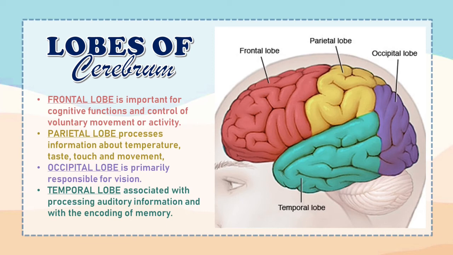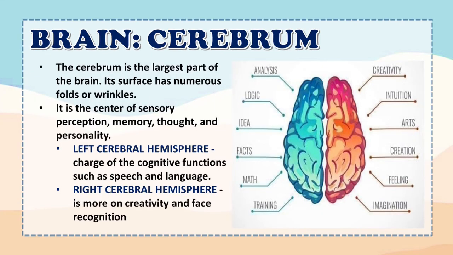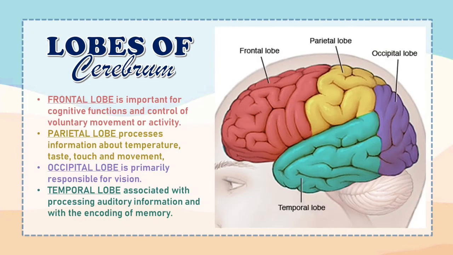The cerebrum is known as the largest part of the brain. It is folded into four different lobes. Those four lobes are the frontal lobe, parietal lobe, occipital lobe, and then the temporal lobe.